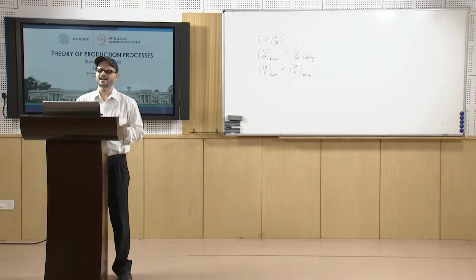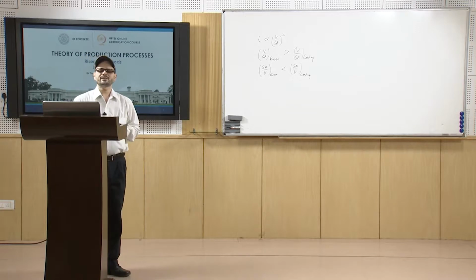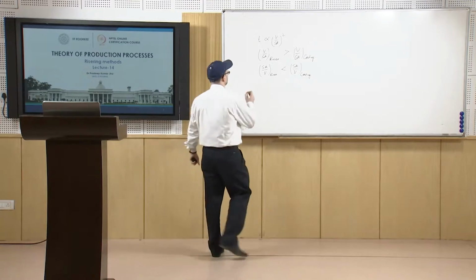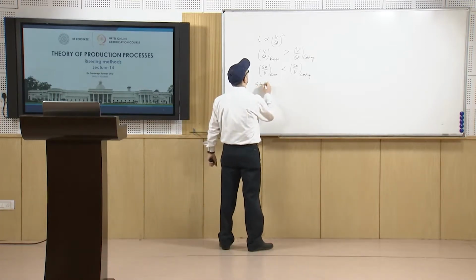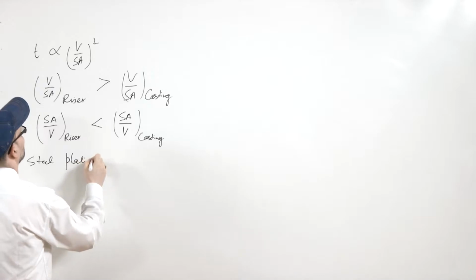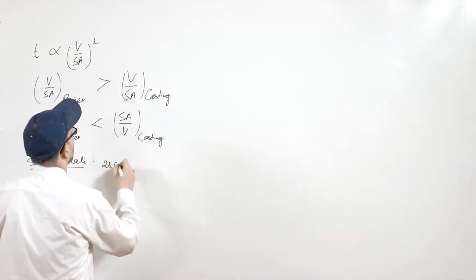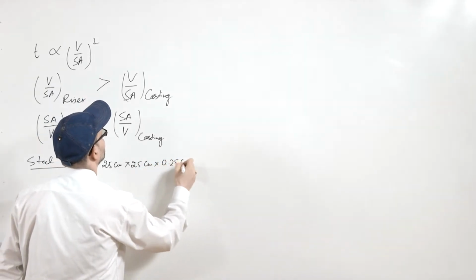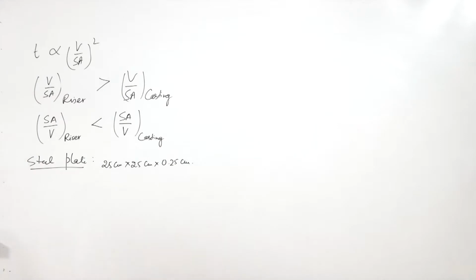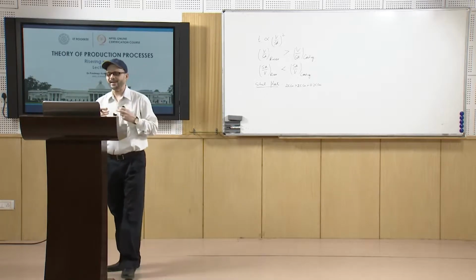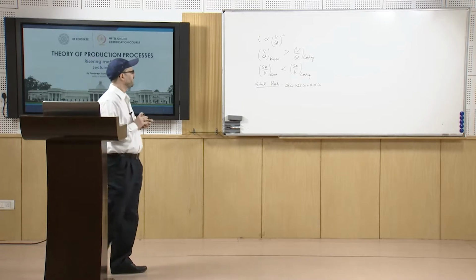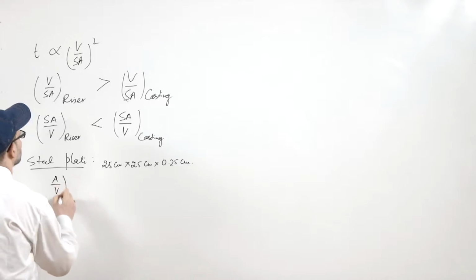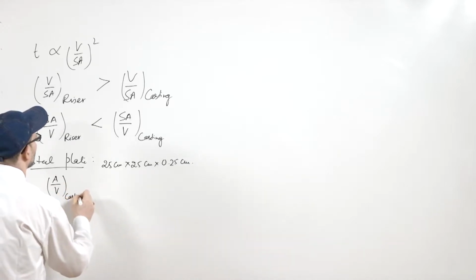Now, let us take an example. Suppose you are taking a steel plate of dimension 25 by 25 by 0.25 centimeter. For this plate, we find A by V of the casting.